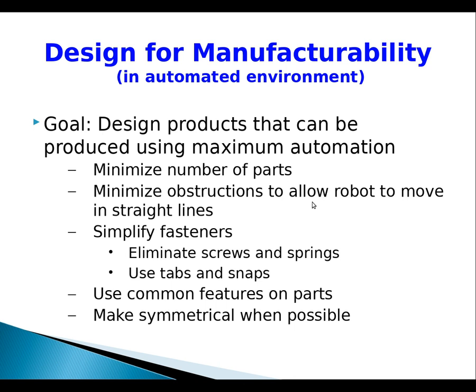We need to come up with simplified fasteners, eliminate screws and springs when possible, because these are just kind of difficult to get robots to assemble. So use more things like tabs and snaps, and use common features on all parts whenever possible, and make them as symmetric as possible.